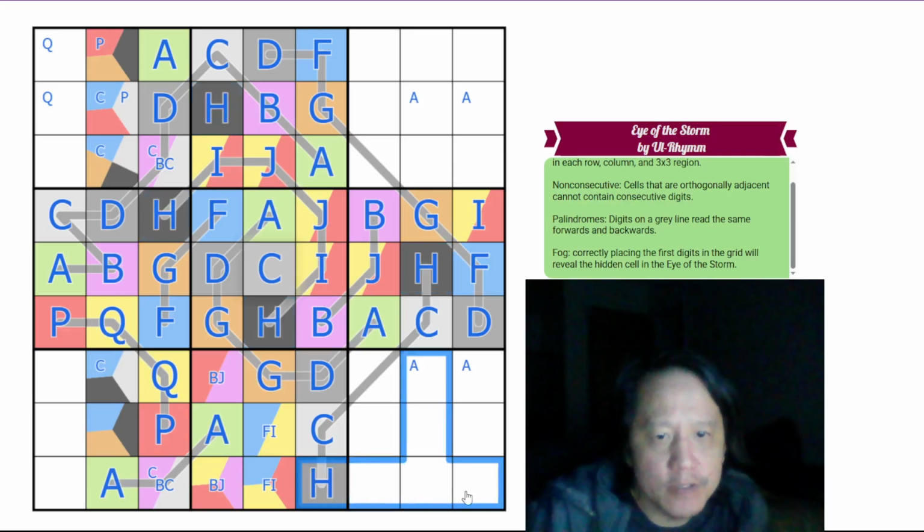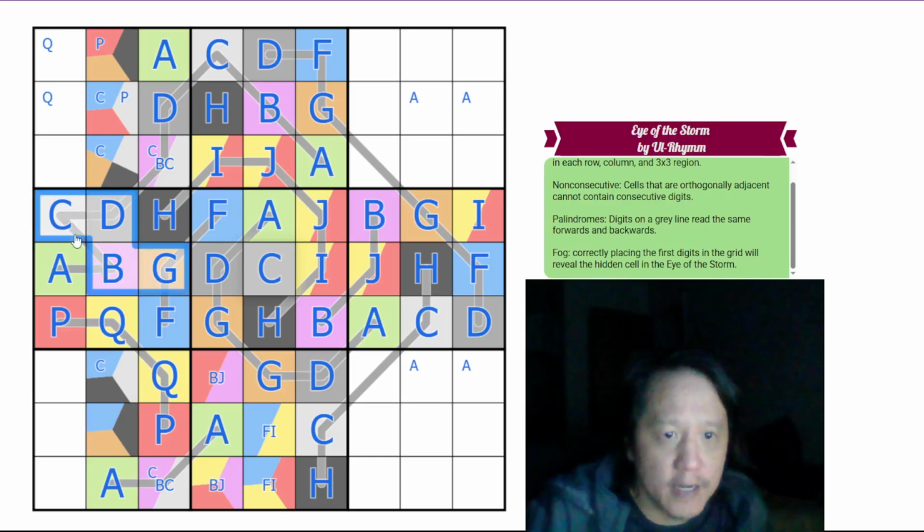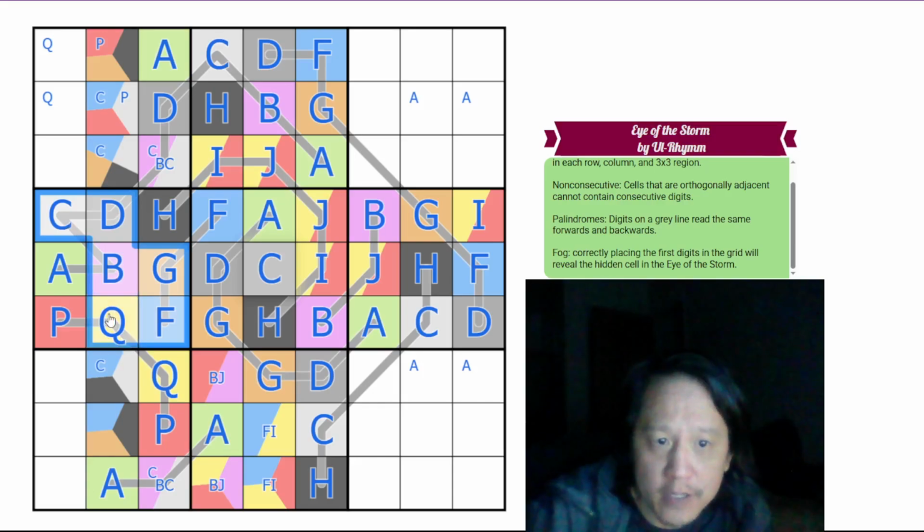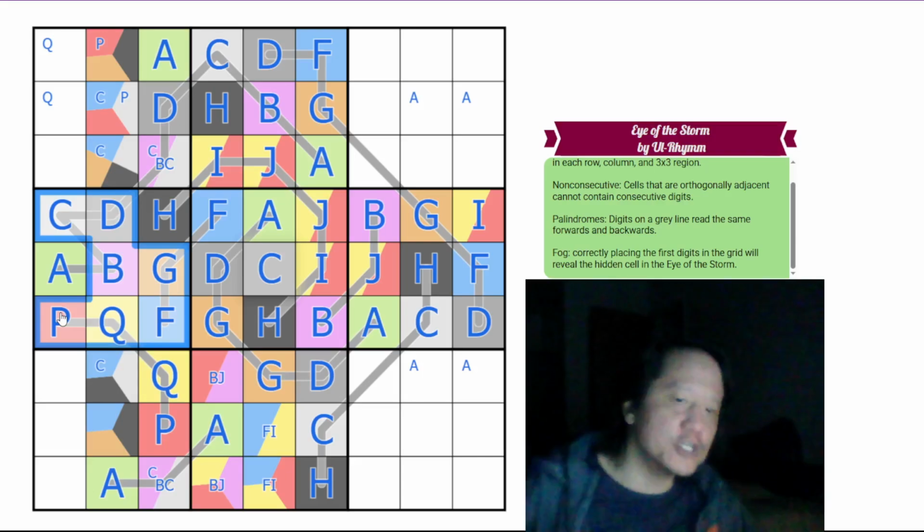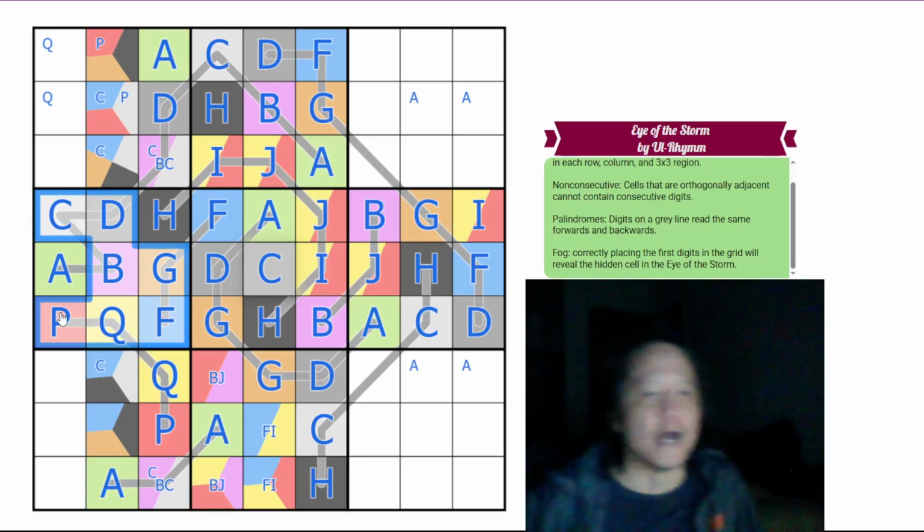H can't be here or here. What's H next to? H is next to D and G. B and C. And I. Wait, H is next to D, G, F, B, C, and I and J. So H is a corner and cannot be next to A at all.